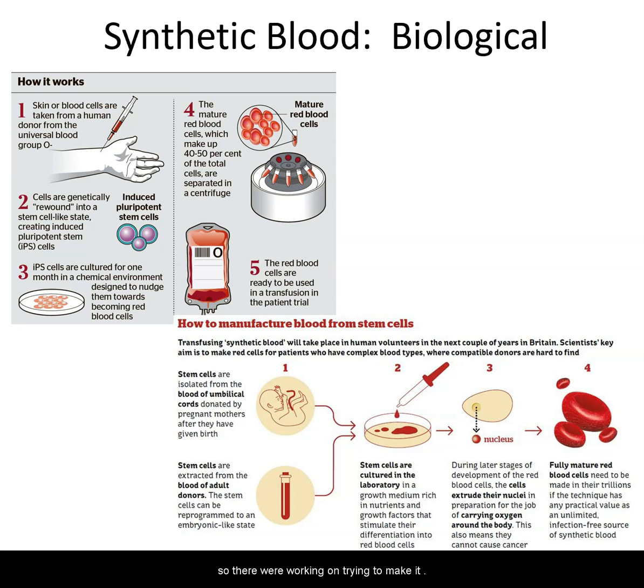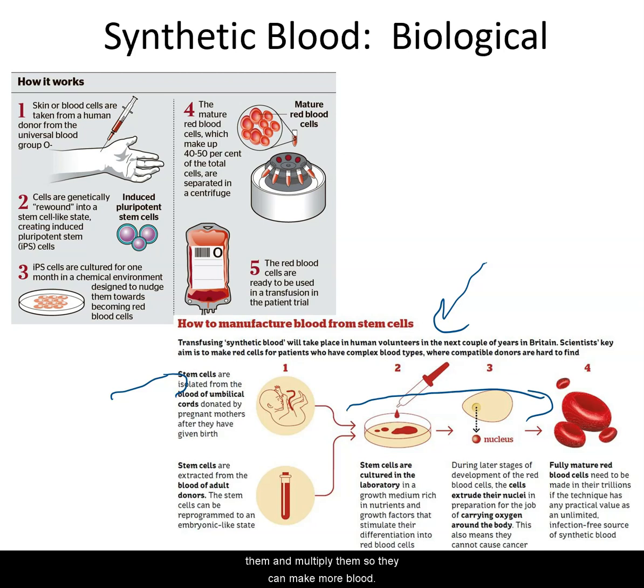So one thing, when you get transfused, a lot of times you're not given whole blood in a transfusion. Sometimes you might just be given packed red blood cells. Sometimes you might just be given platelet therapy or just plasma if they need to boost your blood volume. They are trying to genetically engineer it. They're trying to get stem cells, extract them, and then replicate and multiply them so they can make more blood, because you really need the red blood cells.